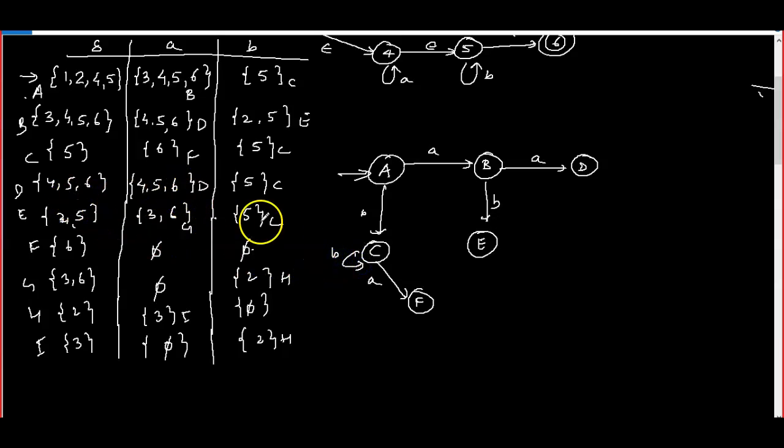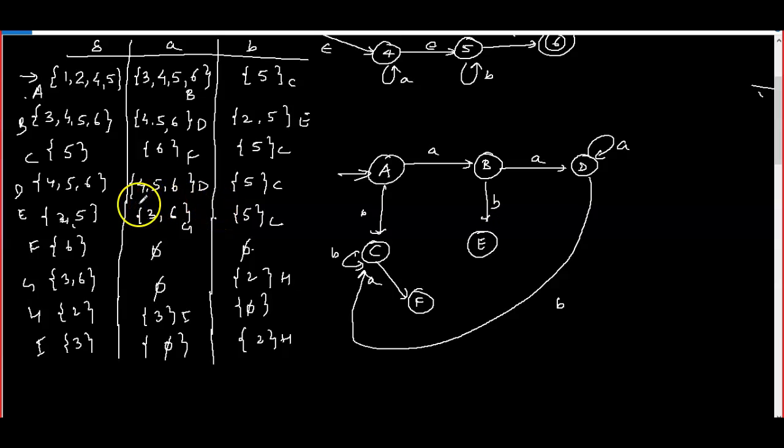Next, D to a is D itself. D to a is D. And D to b is C. No doubt? Now E. E to a is this one, G. So G is not marked here, so you can write it here somewhere.